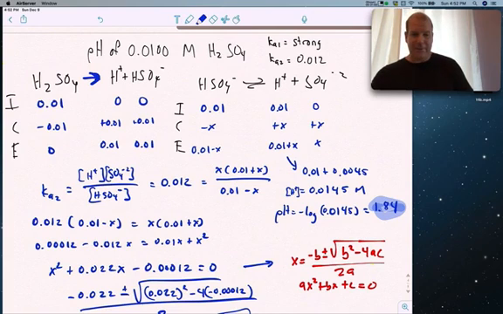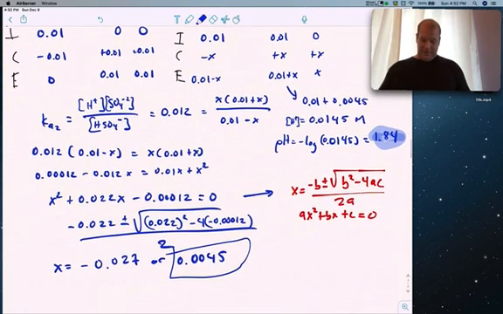And then we put in the equilibrium expression. So 0.012, the Ka for the second dissociation constant, is equal to x times the quantity 0.01 plus x over the quantity 0.01 minus x. So we have to set that up for the quadratic equation and use the quadratic formula to solve for it, or if you have a calculator that can do this for you, then go ahead. This is a pain in the butt. We get two answers, pick the one that makes sense.